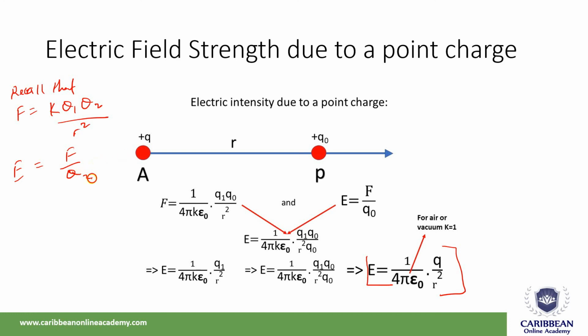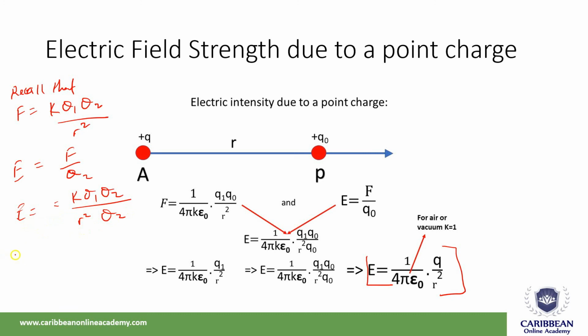So it therefore means that in the E equation, we would replace force with K times Q1 times Q2, all of this divided by R squared times Q2, because we want to find the electric field strength on Q2.